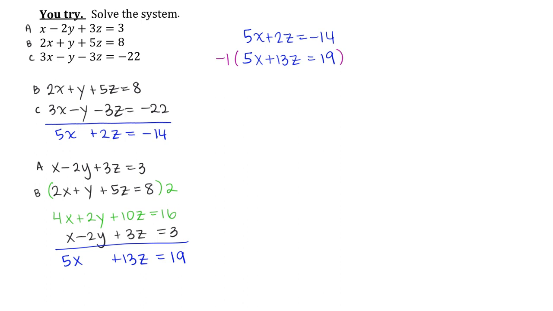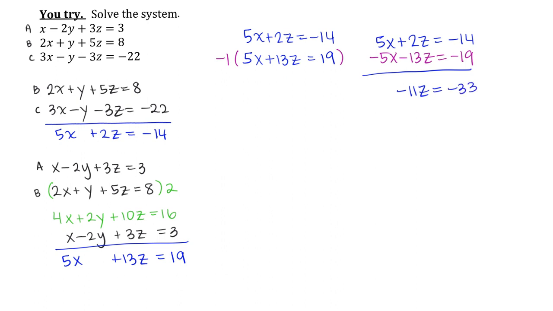What is that? Negative 5x, negative 13z, negative 19. Okay, let me bring over the next one. 5x, 2z, negative 14. Okay, the x's cancel. I get negative 11z, negative 33. Does that divide? It does. I get z equals 3, which is a good sign.